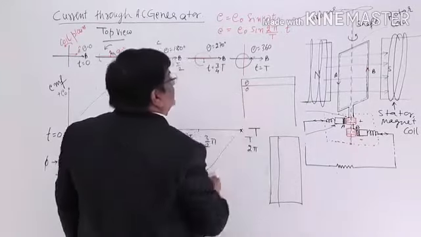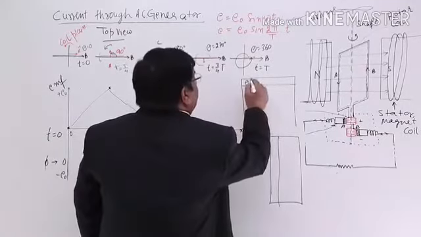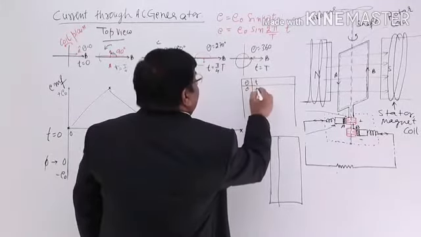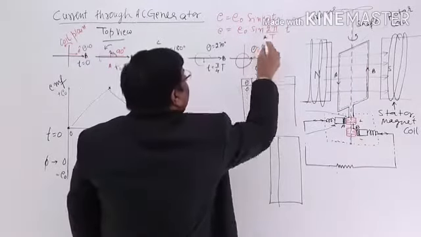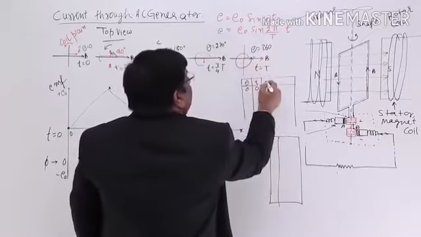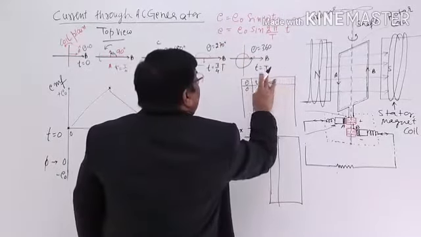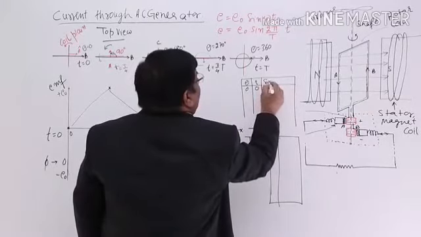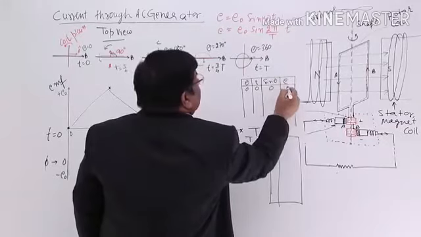Theta is equal to 0. When theta is equal to 0, time is equal to 0, then how much is E? What is sine theta?